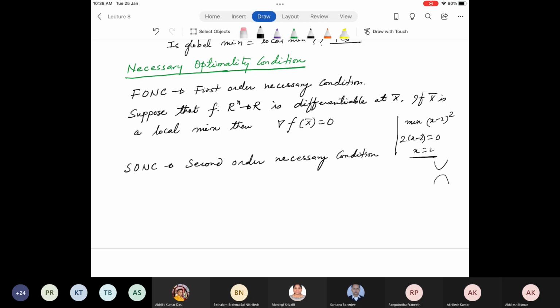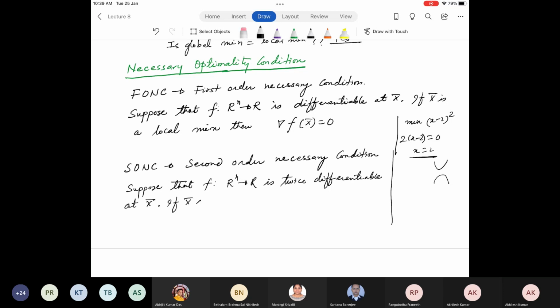So suppose that f from R^n to R is twice differentiable. For this to exist, I need twice differentiability at x bar.